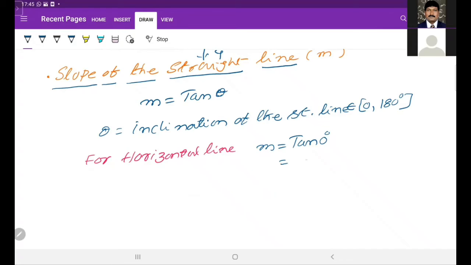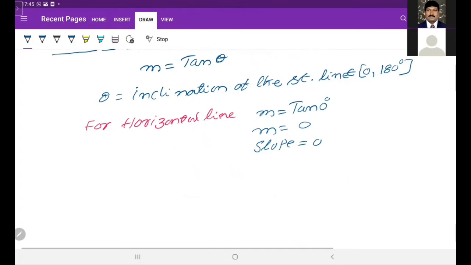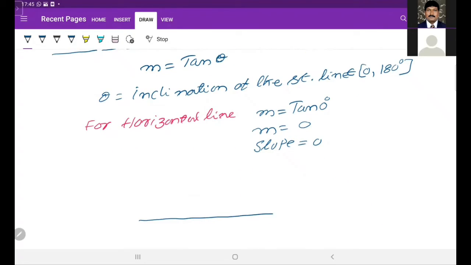So tan 0 is 0, so M is equal to 0. The slope is equal to 0 for horizontal lines. So here is the horizontal line slope.